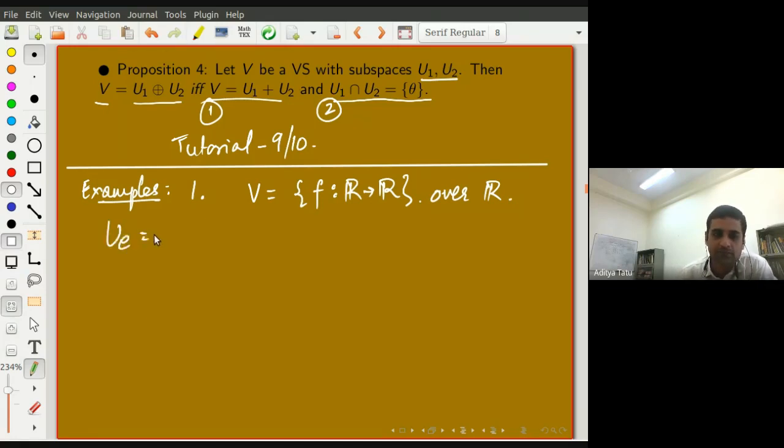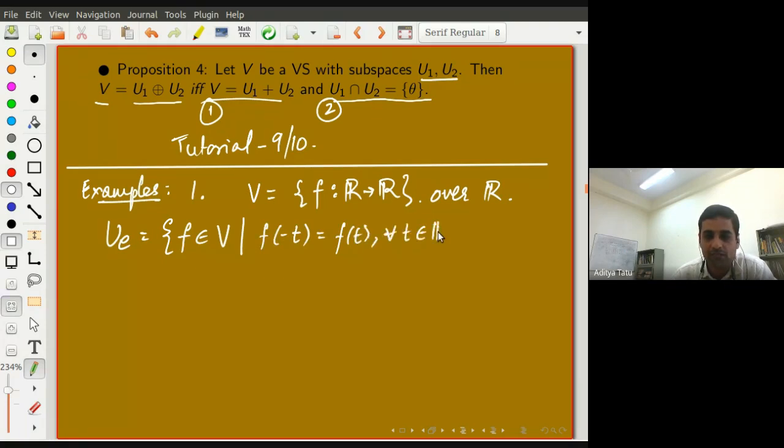The subspace that I'm going to consider, I'm denoting it by UE, and you will see why UE makes sense. It is the set of all functions in the vector space V such that f of minus t is equal to f of t for all real t's.